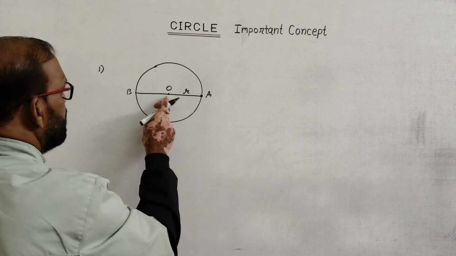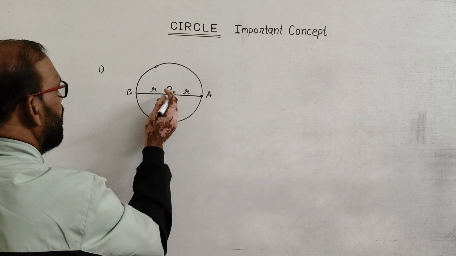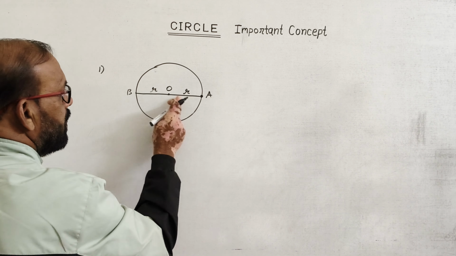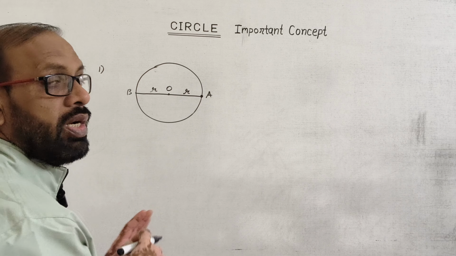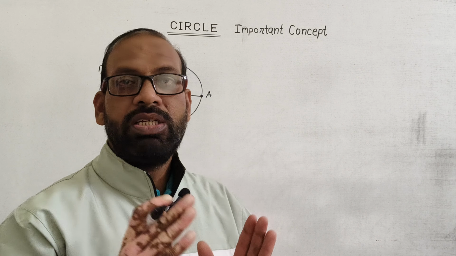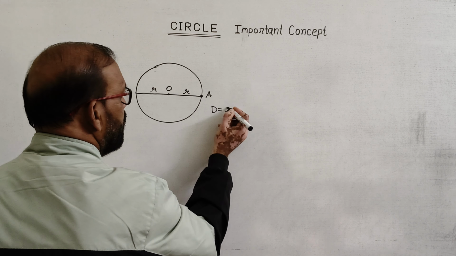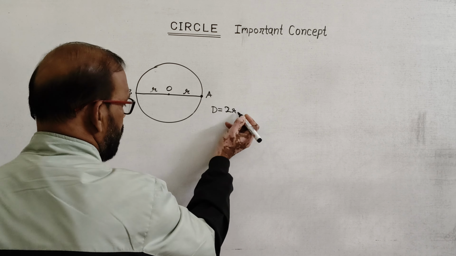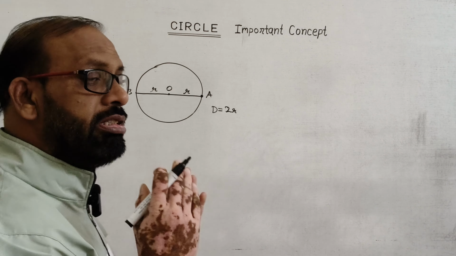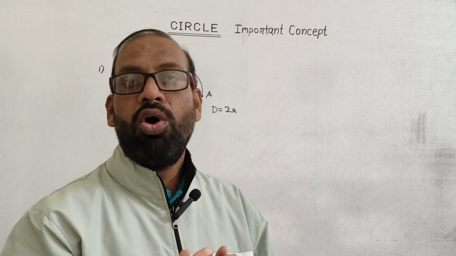Suppose we represent OB by r, then r plus r gives diameter of circle, that is d is equal to 2r. So we can write diameter of a circle is equal to twice of radius. So this diameter is also called as the longest chord.